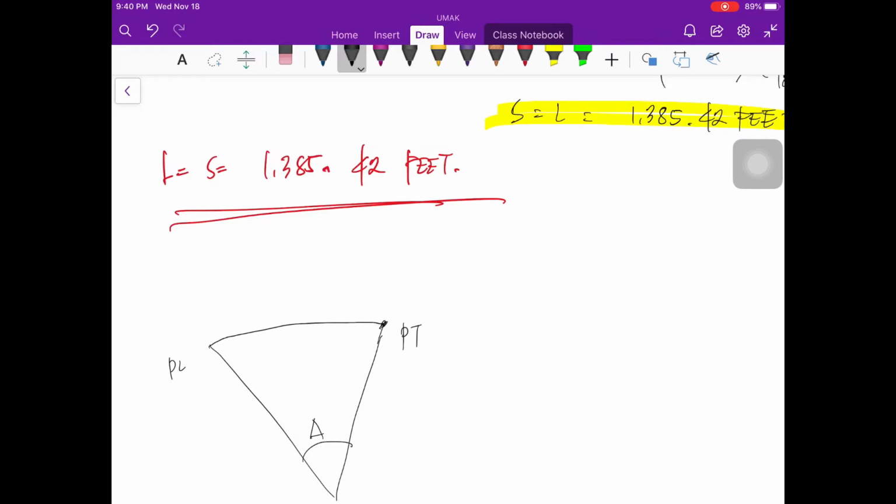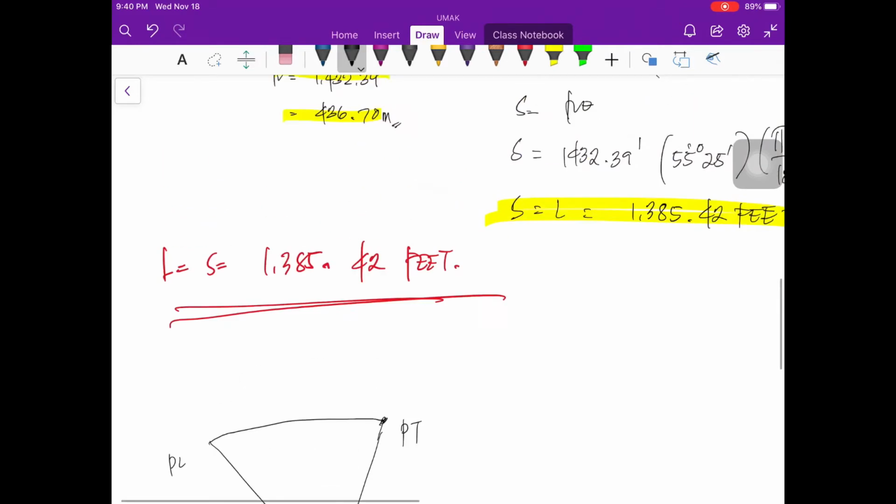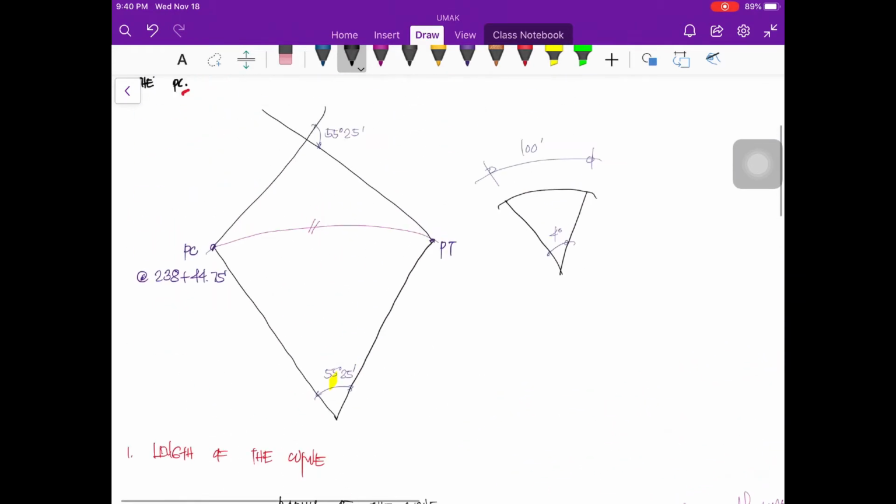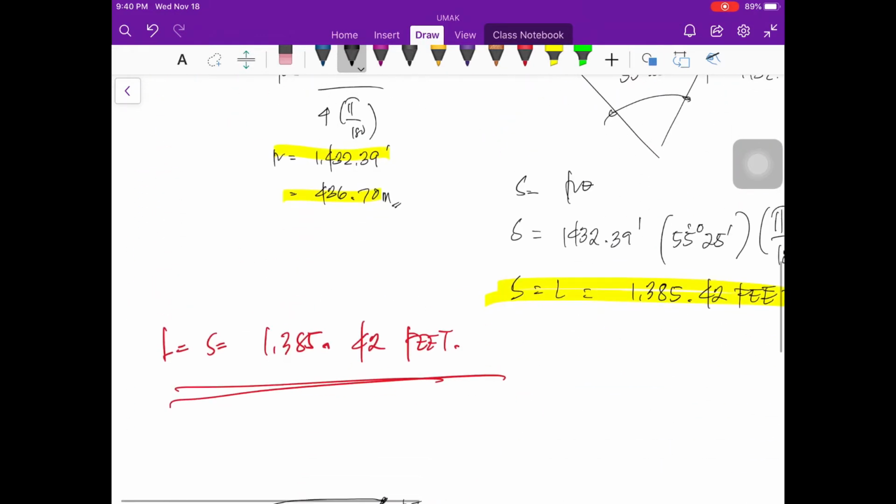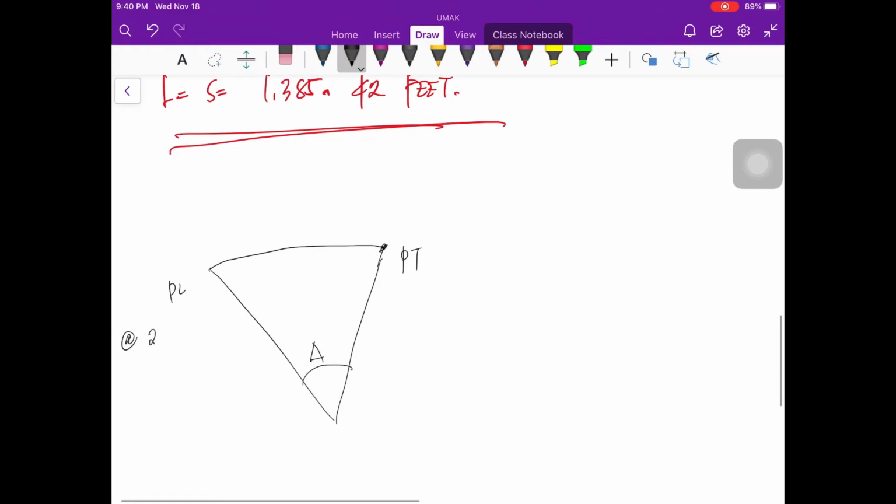So if this is a station, what do you call this station? Station is PC 238 plus 44.75. All you have to do is just add this 1,385 feet.